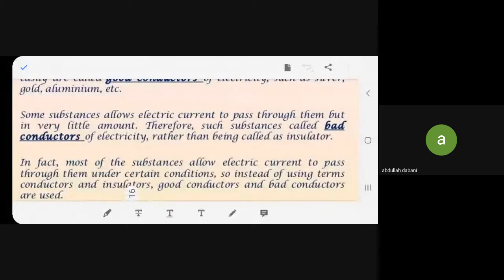What are they called, beta? Bad conductors. So we will not call them insulators, but we will call them bad conductors because electricity is passing through them, so it cannot be an insulator. Little electricity is passing through them, and that's why they are called bad conductors.